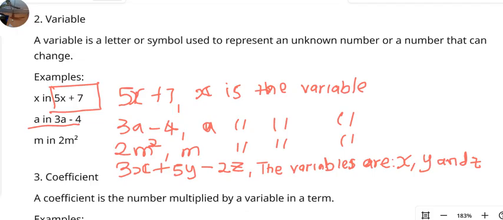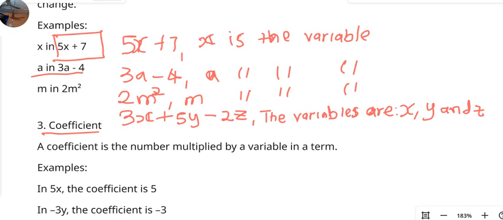Okay, the last part of the video that we're going to talk about before we stop is called coefficients. A coefficient is a number multiplied by a variable. In another form, you can say a coefficient is that number that is attached to a variable.